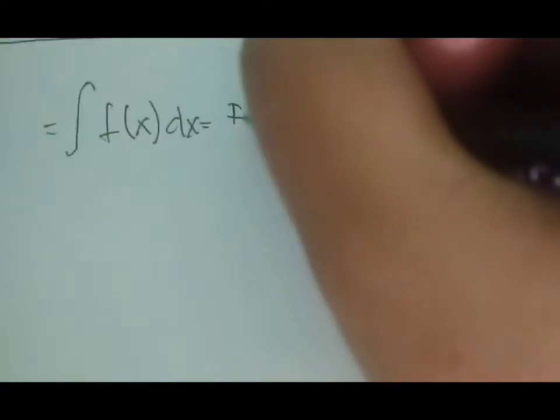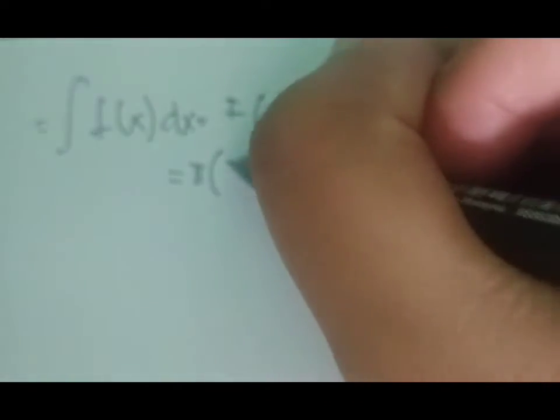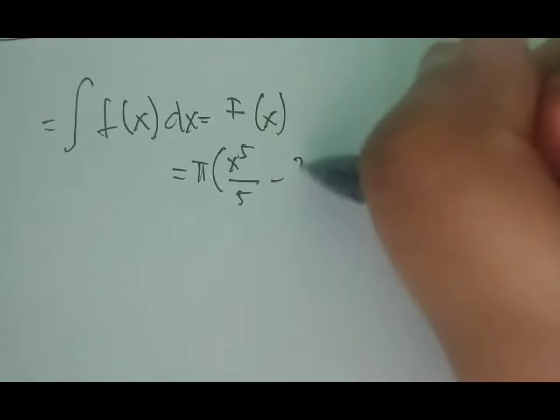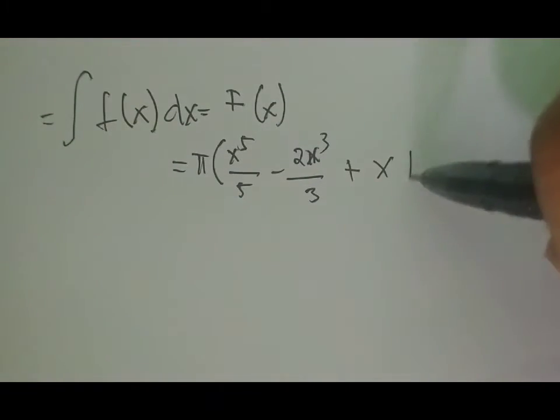In the antiderivative computed by Maxima, integral f of x dx is equal to F of x. So F of x is equal to pi times (x to the fifth over 5 minus 2x cubed over 3 plus x) plus c.